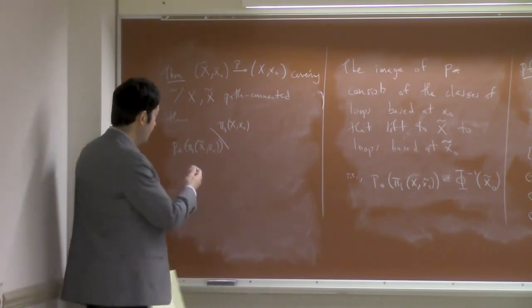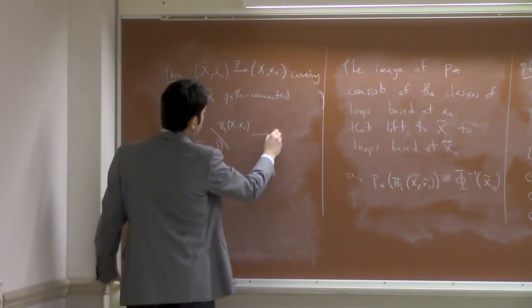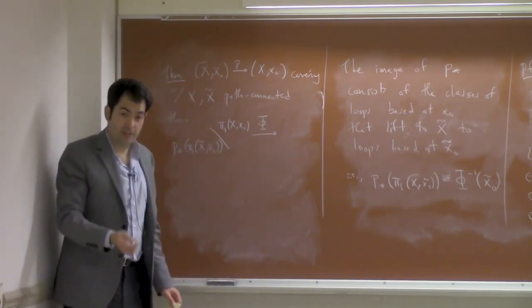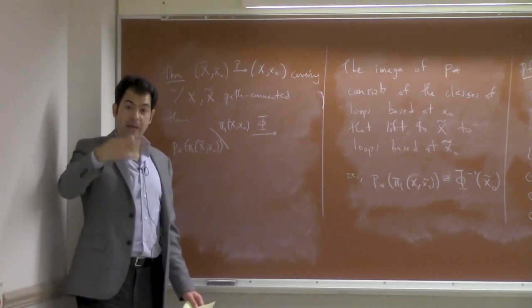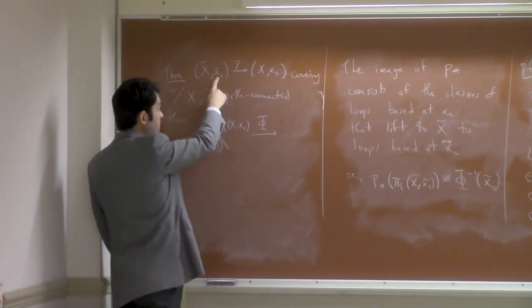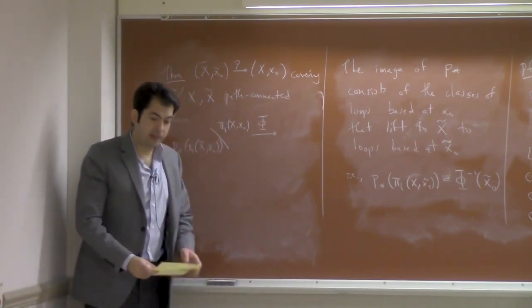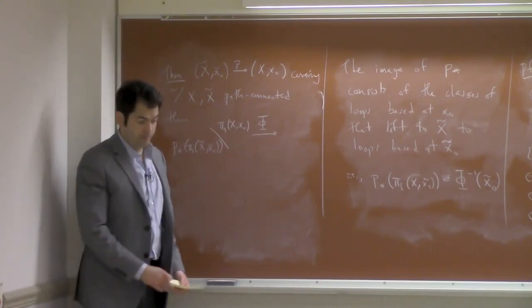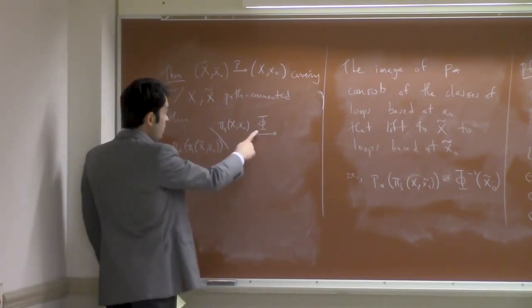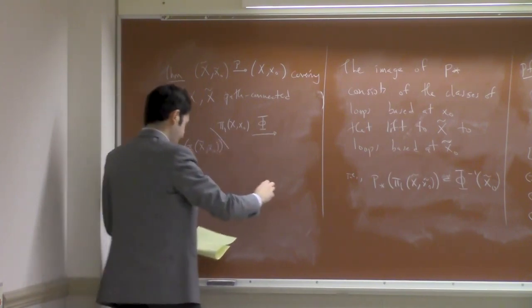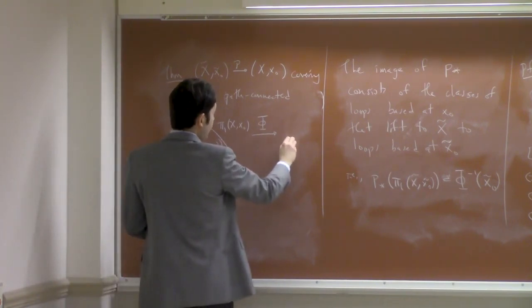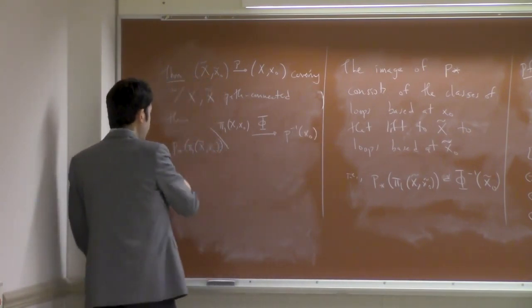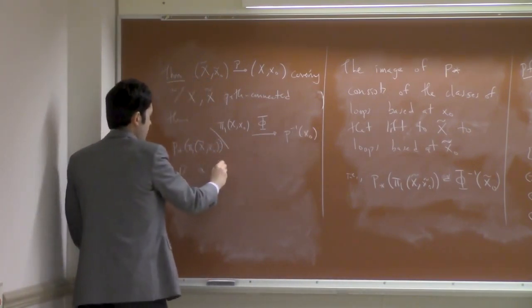But I can look at the cosets, and it turns out that our lifting correspondence, which remember just takes a loop, lifts it up to a path with a fixed base point, and then notices what the endpoint of that path is, is well defined on these cosets, and lands you here. And the claim is that this is a bijection.